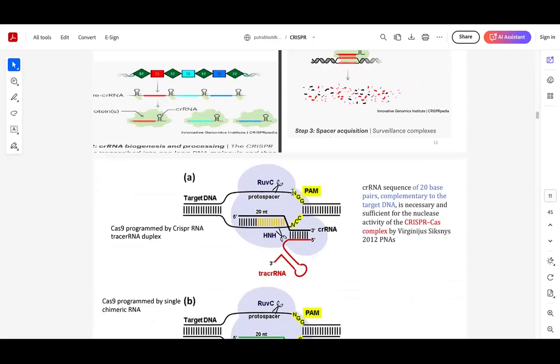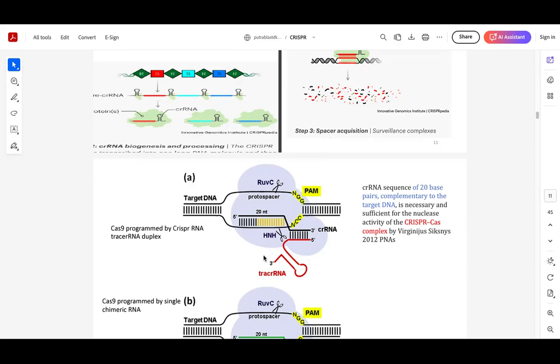So this is the PAM, this is the protospacer, and this is the first Cas. The first Cas tries to cut the protospacer before it is copied into the bacteria genome. So PAM is sort of an indicator of where to cut, to show the Cas where you cut.